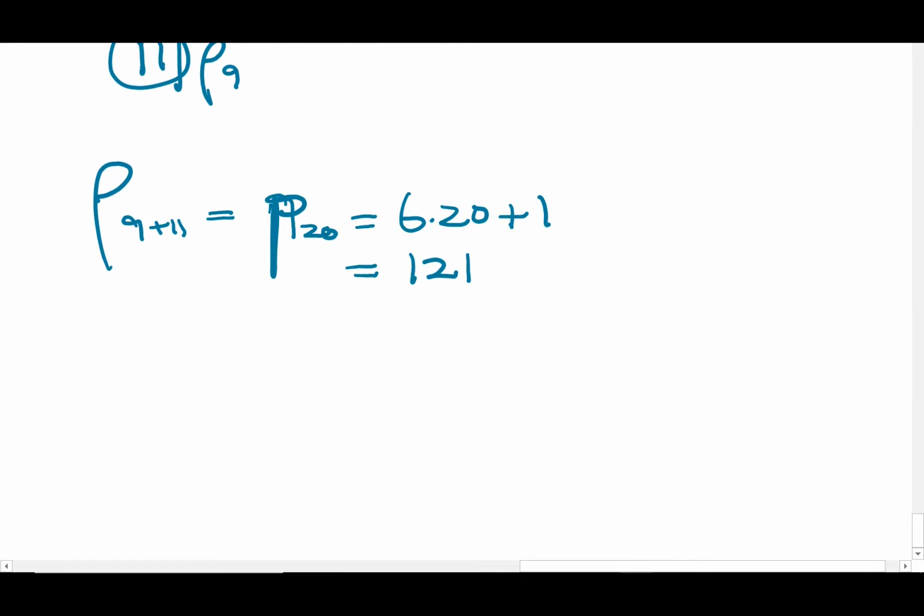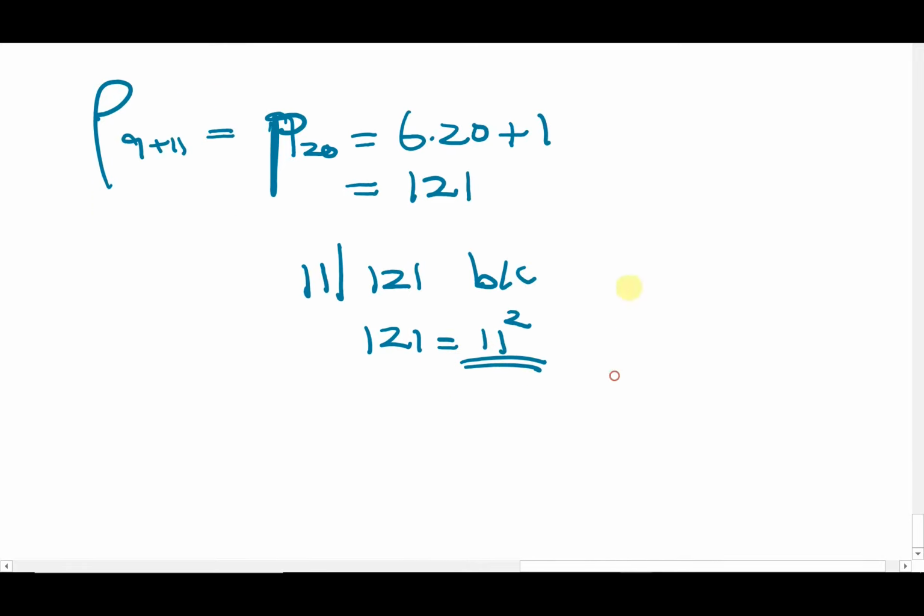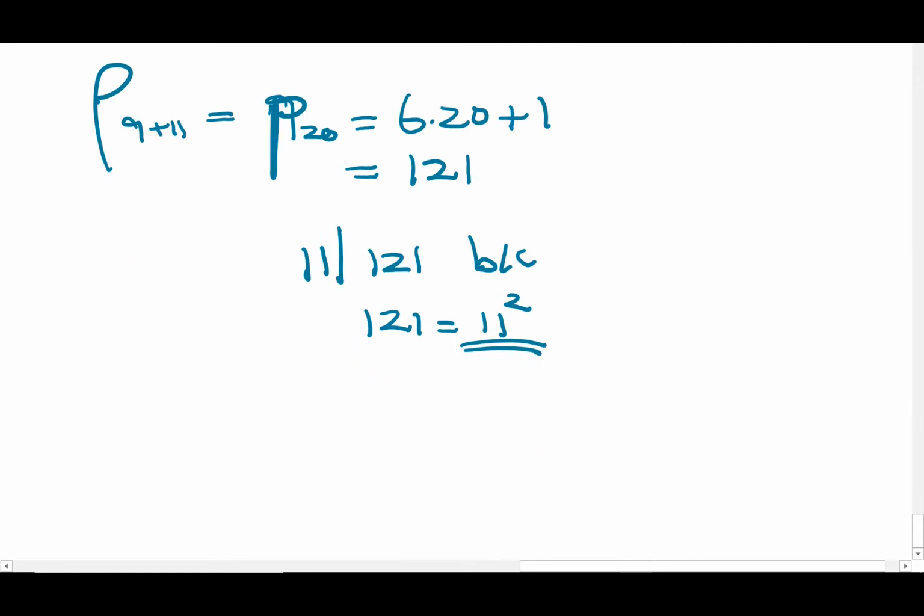And we also know 11 divides 121, because 121 equals 11 squared, 11 times 11. And then if we did P9 plus 11 times 2, which is P31, that's 6 times 31 plus 1.